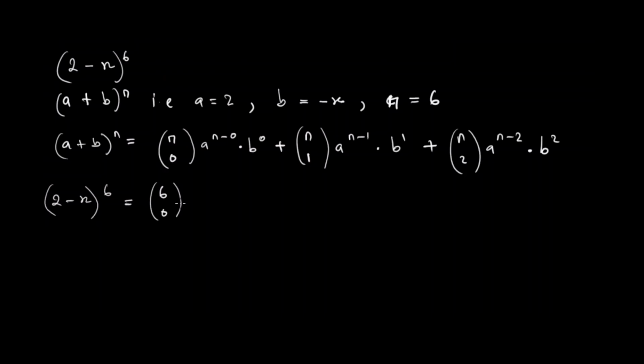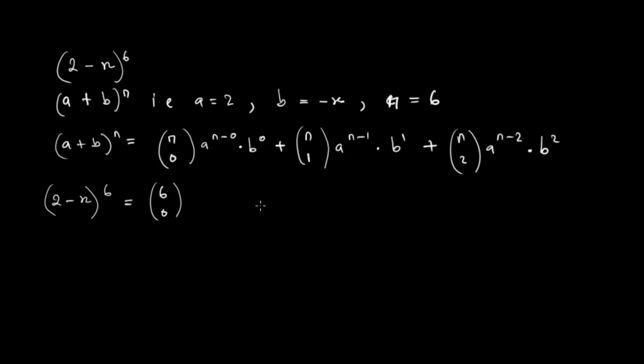Our question says, for example, the first 3 terms of the expansion of 2 minus x to the 6 are given as follows. So our question is asking for the first 3 terms. Be careful to always read your question completely. So our question wants the first 3 terms.